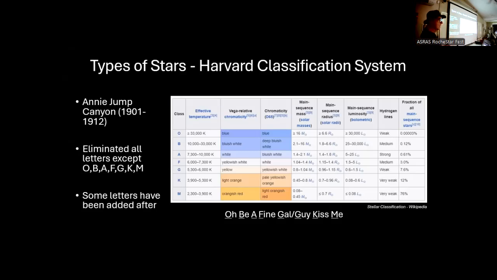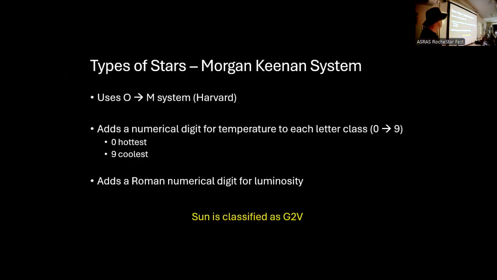So I've written some of them down here. "Only boring astronomers find gratitude knowing mnemonics." "Oh boy, an F grade kills me." This is the one that I remember: "Only brilliant astronomers fix grave Kaplan mistakes." There's a whole list of them. Those are just some of the ones that I kind of like.